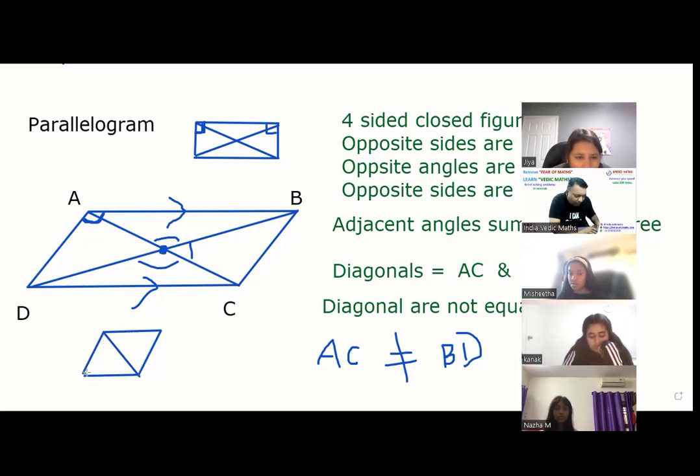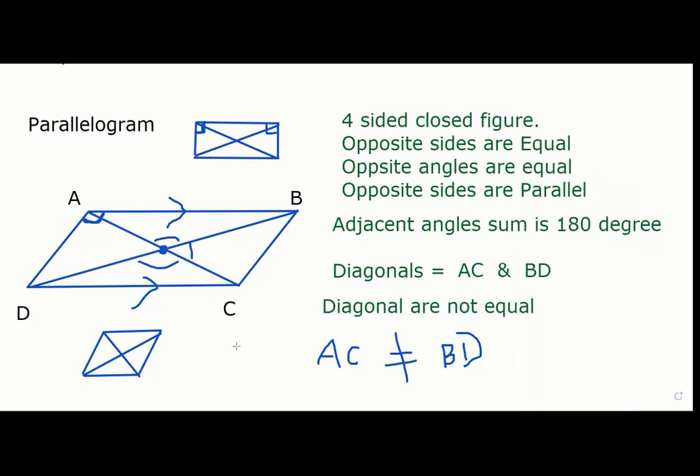Now I want to tell you one more thing here. One very important property of a parallelogram or rhombus is bisection. We are going to talk about bisection in lines and angles. So let me write one more property and then we can complete this topic. Let me remove all this because my objective was the parallelogram.